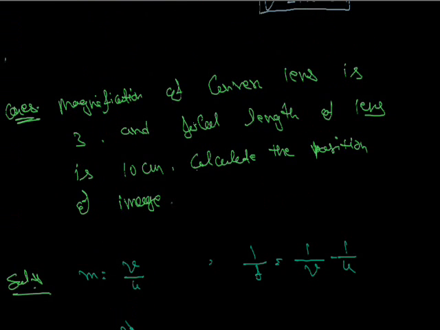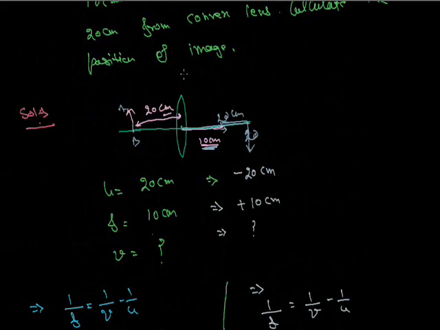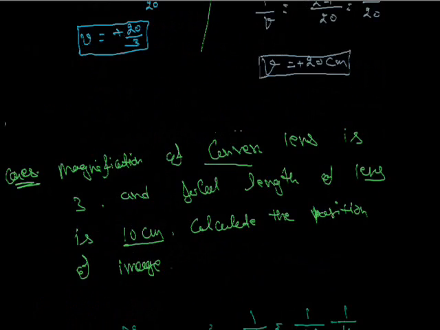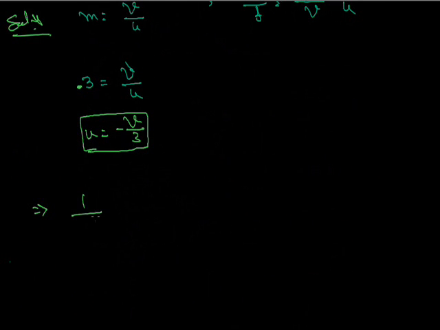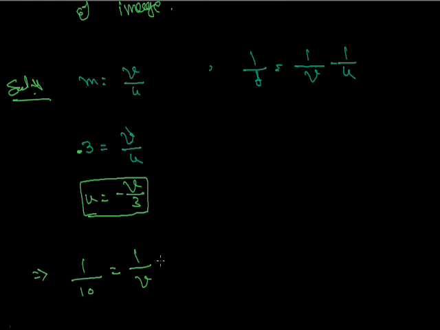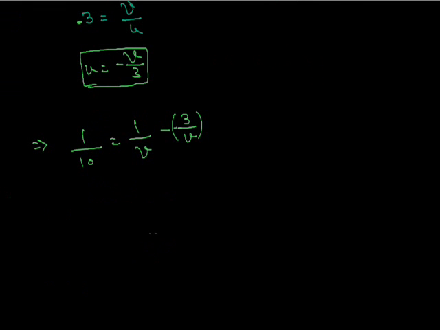The focal length of the convex lens is given as 10 centimeter, and it is positive, so 1 by 10 is equal to 1 by v minus of minus 3 by v. So it will become 1 by 10 is equal to 1 by v plus 3 by v.